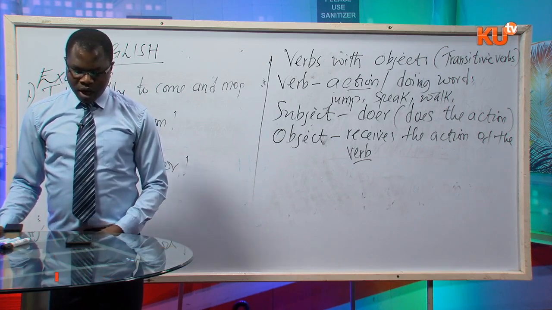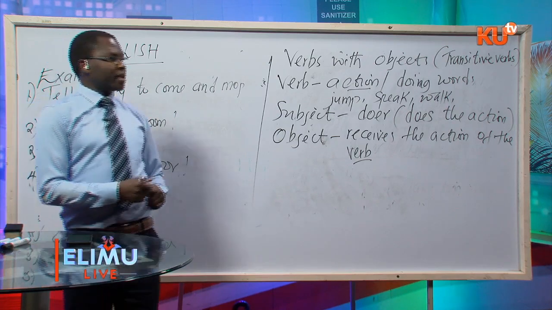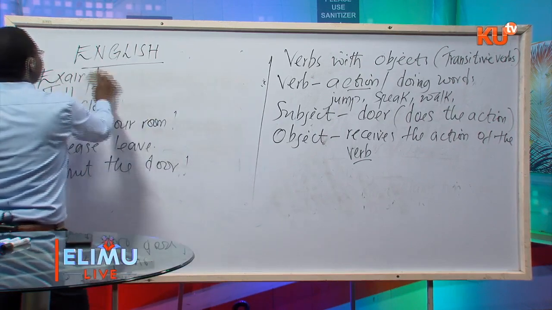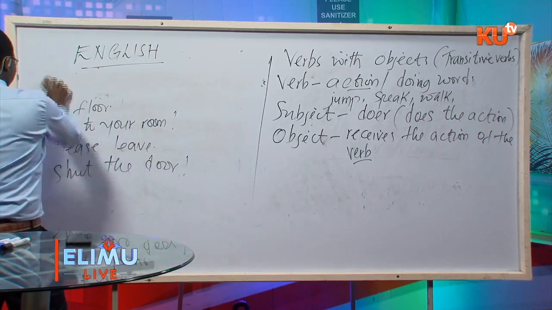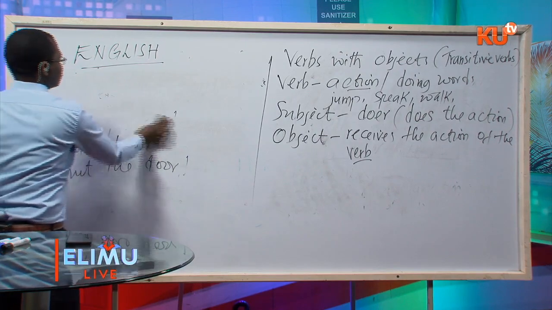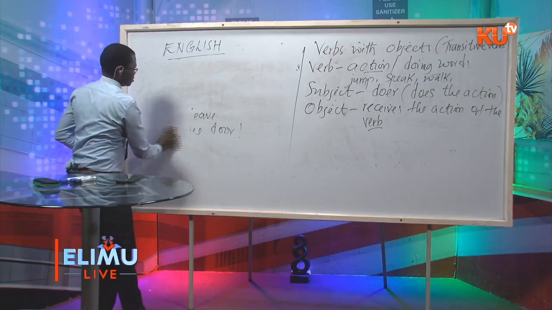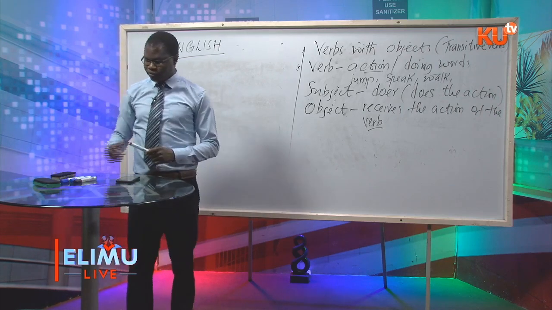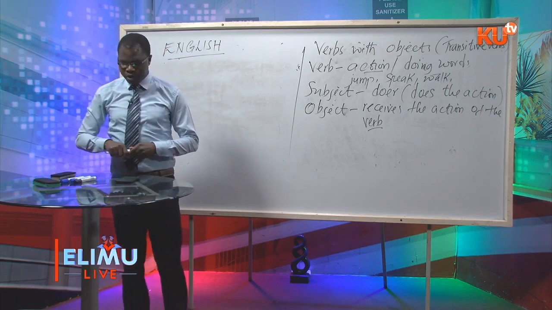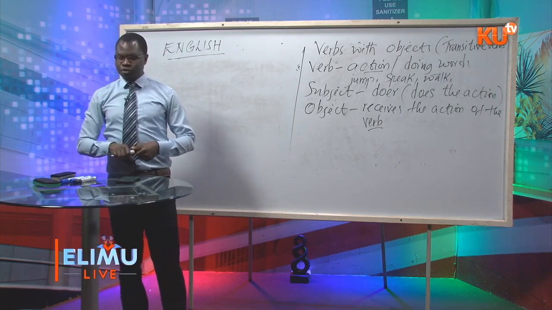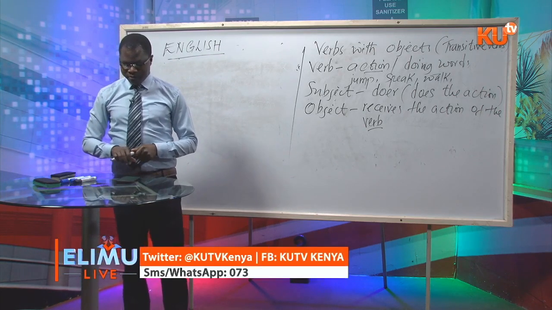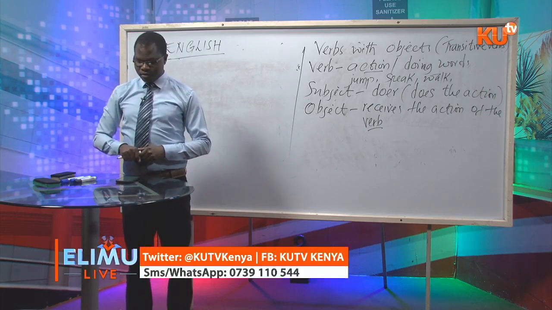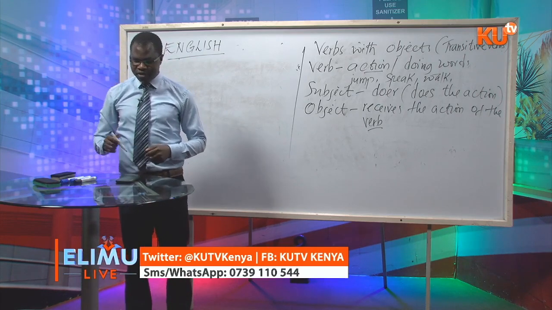For example, I'll be having something like a table. So let me use this other part so that it can be very clear to you, boys and girls at home, and those who have tuned in. I know you are so many and you are following very closely as you keep distance, and also as you wash your hands and follow the directives given by the Ministry of Health to avert COVID-19.